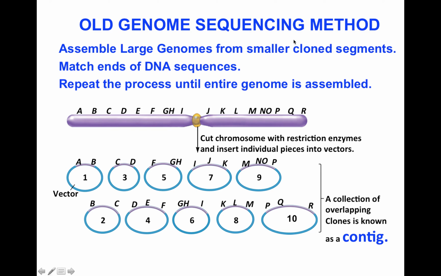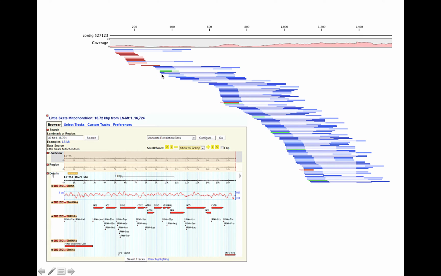The old method to determine the sequence for a given genome was to take the DNA, process it, purify it, and clone it into vectors, and then sequence the DNA from the vectors and then assemble it into a contig. So you end up with lots of different clone sequences that are overlapping, and you can assemble them based on the sequence similarity by the ends.